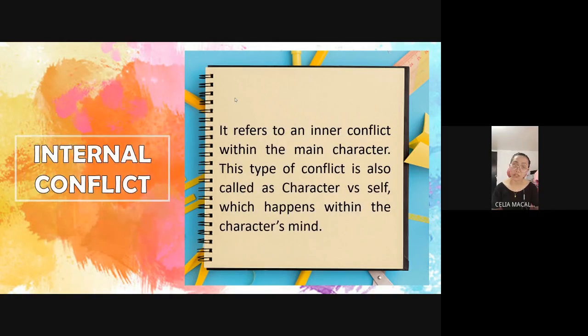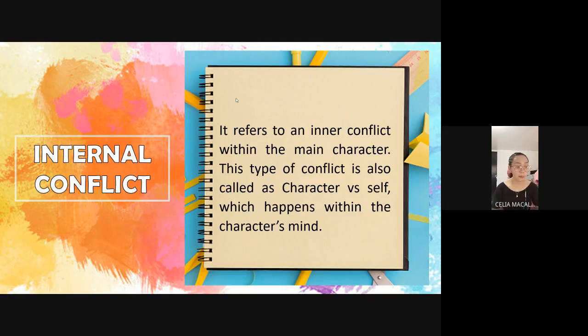So another type of conflict, aside from the external, is of course internal. When we say internal, meaning to say that the conflict is within the main character. So the main character has a problem of his own. Sometimes he has difficulty with a decision, or sometimes there is a movie of a split personality.